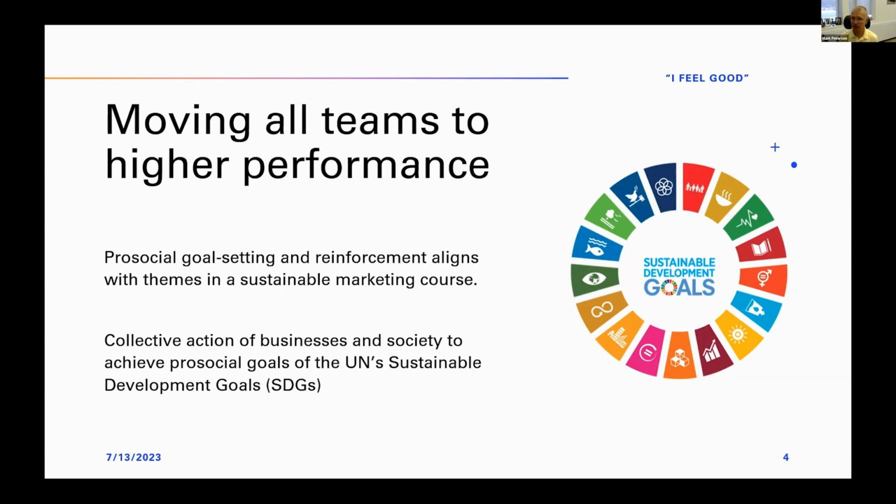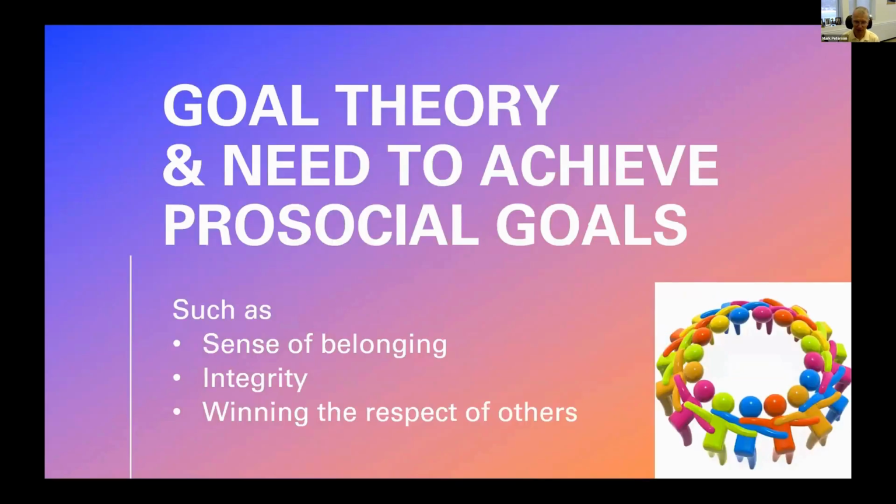All these SDGs really require more aggregate action. And so in that way, conscious capitalism, or at least the creative endeavor that I'm showing here, addresses that.